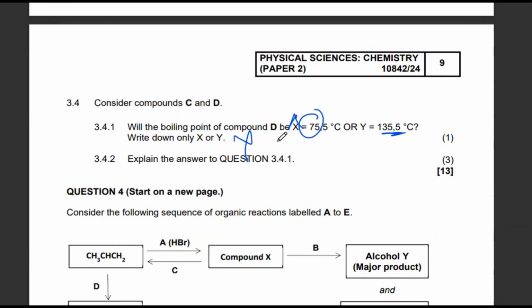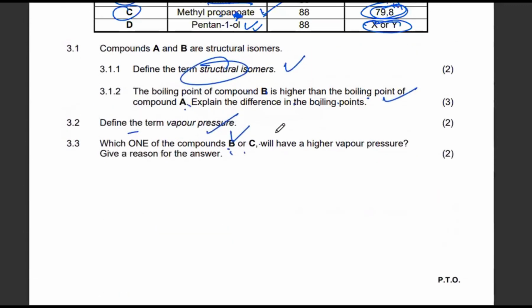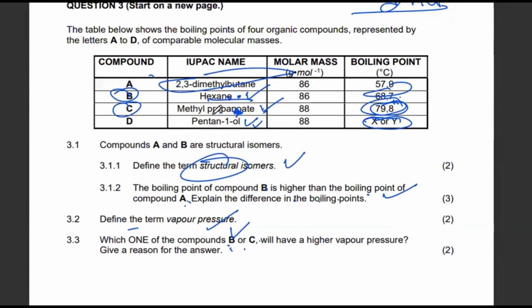If you look at C, it has dipole forces, while D has hydrogen bonds between the molecules. Therefore, D has stronger intermolecular forces of attraction.